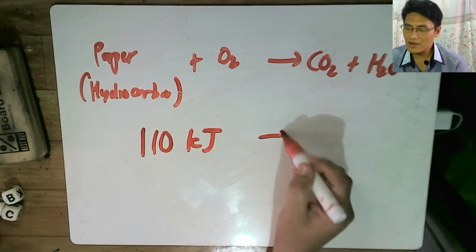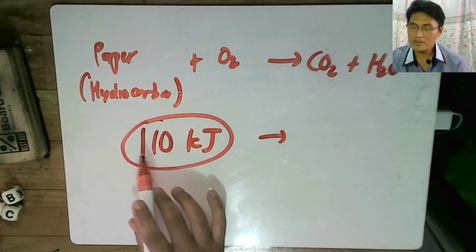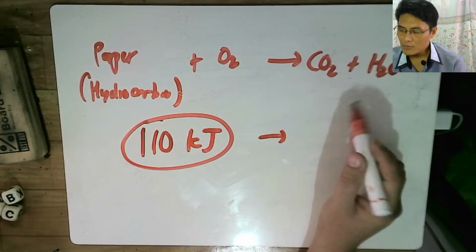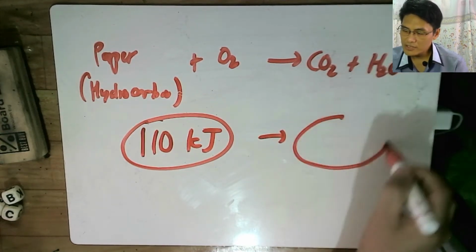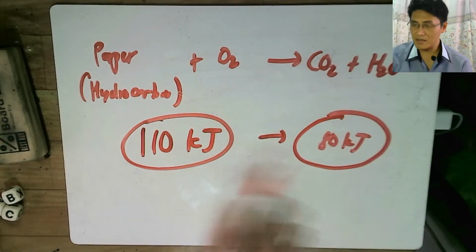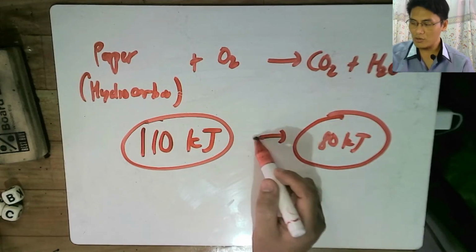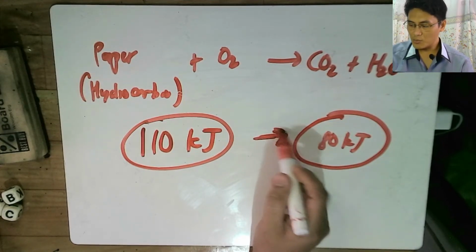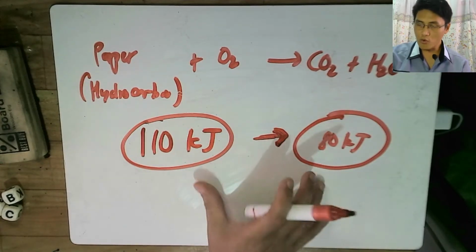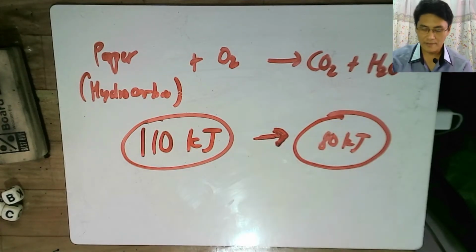So the reactants have energy of 110 kilojoules. Then the products have an energy of 80 kilojoules. Obviously, I'm just making this number up, but I want to show you something tangible so that you can focus on what I'm trying to illustrate.